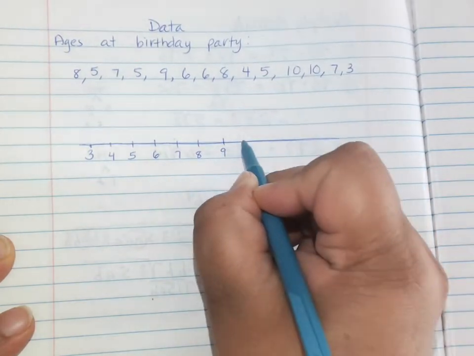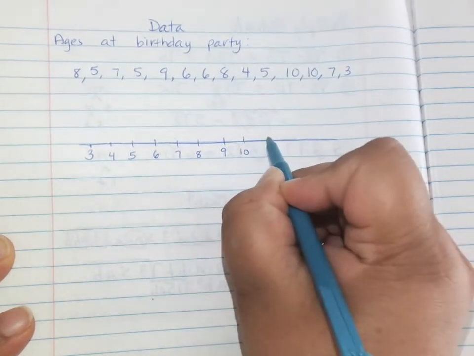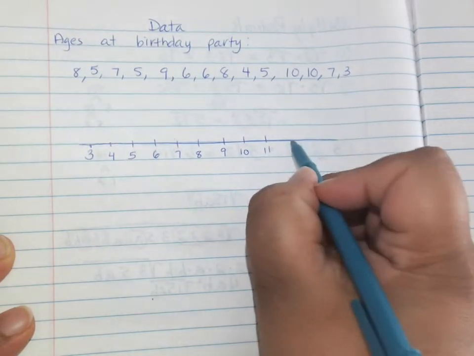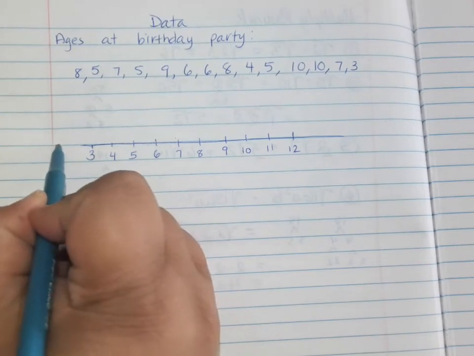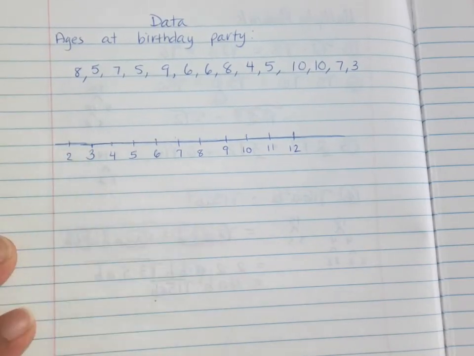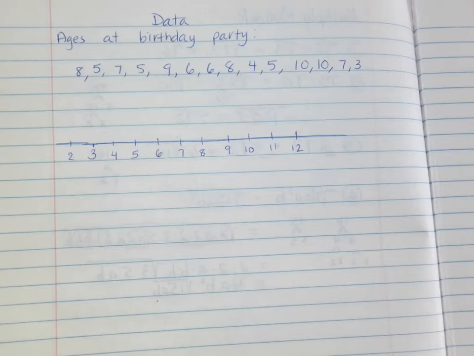Looks like I have a lot of extra, but that's okay. I could put 11 and 12. I could even go this way and put a 2. It's kind of like a number line.